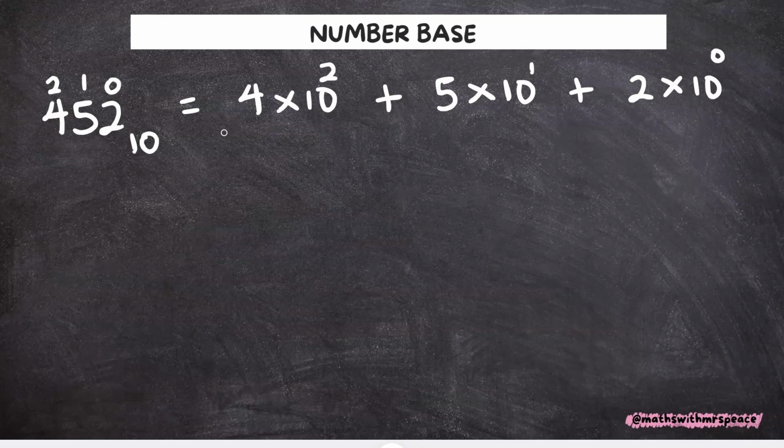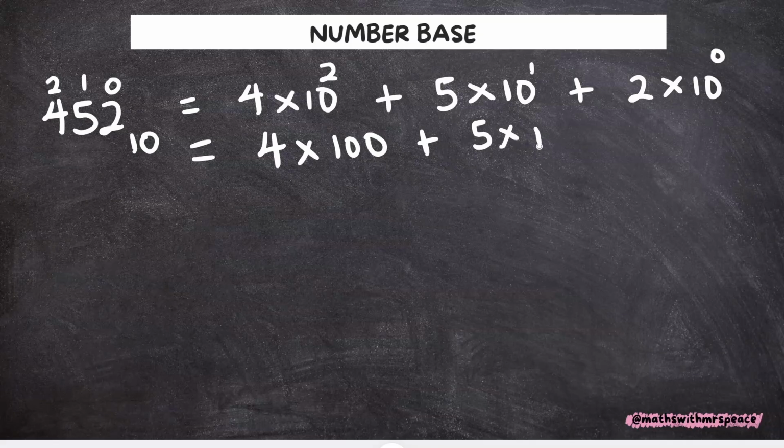Now, if I simplify this, 4 times 10 raised to the power of 2 is 10 times 10, and that's going to give me 100, plus 5 times 10 raised to the power of 1 will give me 10. And finally, 2 times 10 raised to the power of 0 will give me 1.